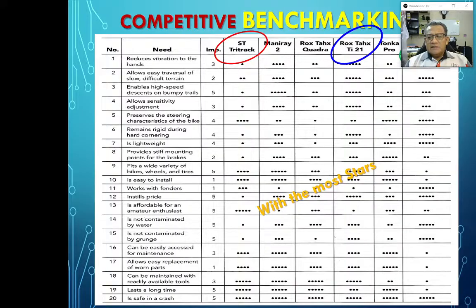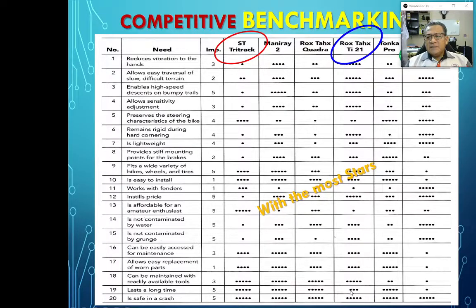For example, for this ST Tri-Track, they have 1, 2, 3, 4, 5, 6, 7, 8. So they have as many as 8 five-stars. Then you could see how many of the brands got the best features out of those 5 stars.